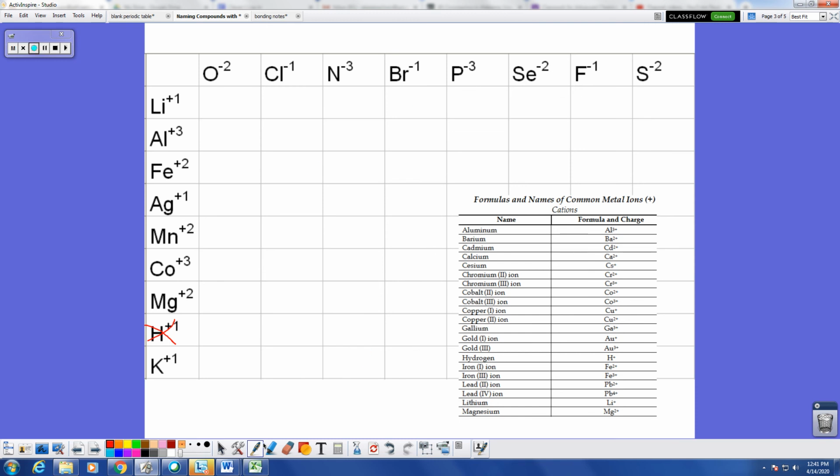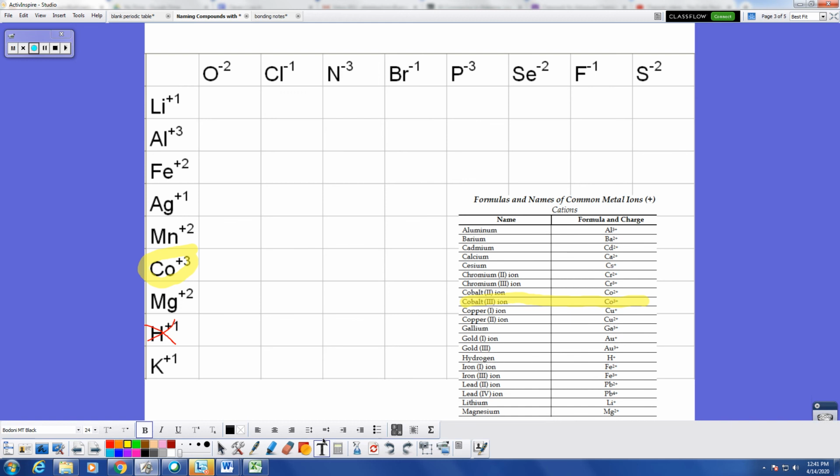Now, I do want you to notice though, anything that's a transition metal, so right here, cobalt +3, they actually can have multiple oxidation states. So cobalt +3 right here. So the name of that is actually cobalt 3.